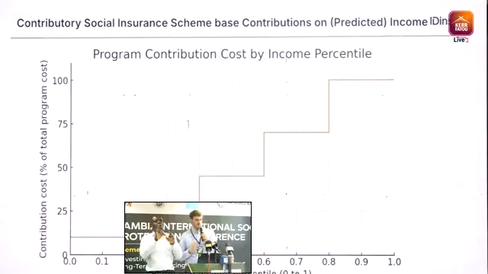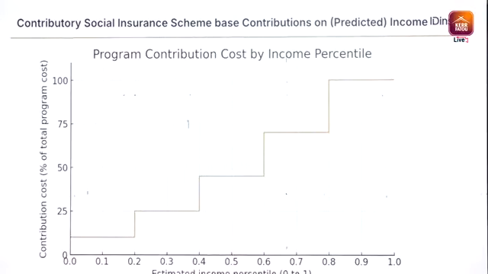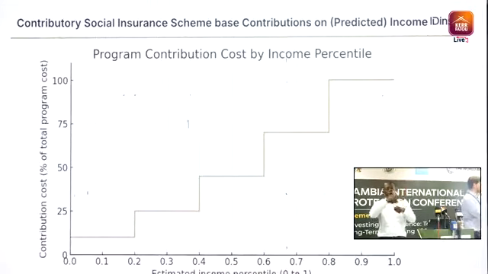Where we now talk about a contributory scheme where we require the richest 20% of the population to cover the full cost of the benefit, and then as a government subsidize the contributions for other parts of the population in different buckets. And this is just an illustrative example where we go down to having the poorest 20% of the population cover about 10% of the cost of the program. So this is just an illustration of this contributory scheme.